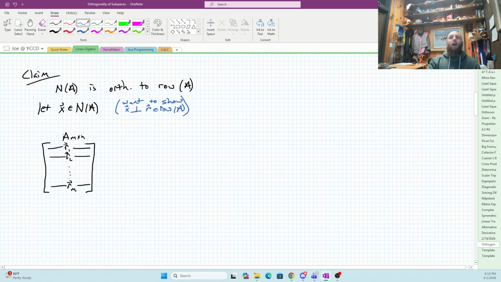Since x is in the null space of A, if I take my matrix A and multiply it by my vector x, I get the 0 vector. That's what it means to be in the null space of A. So let me write that down carefully here.